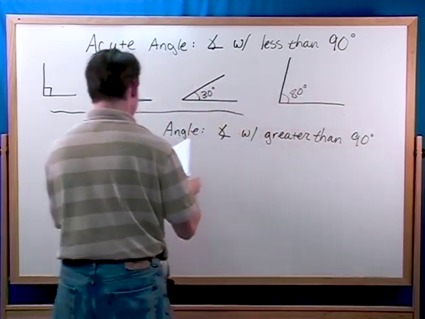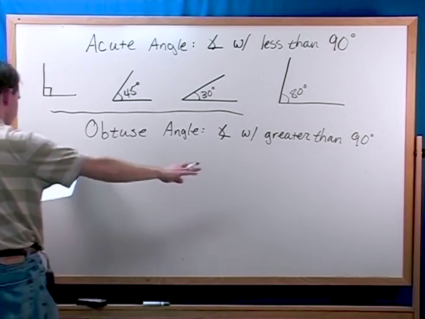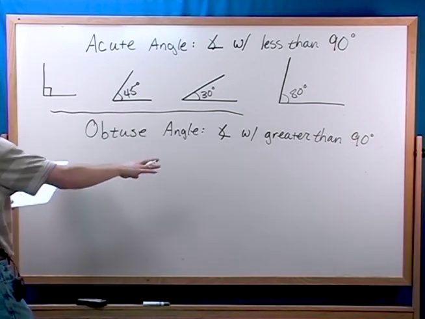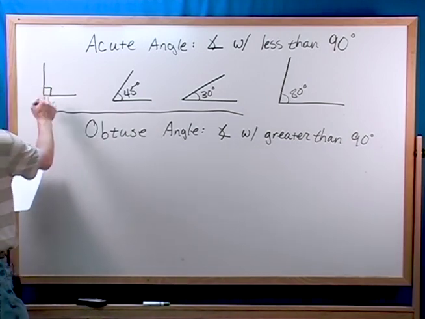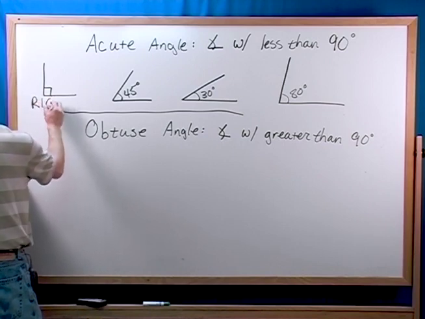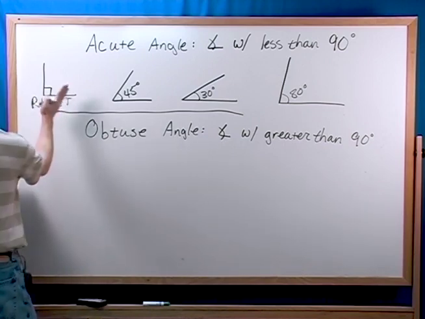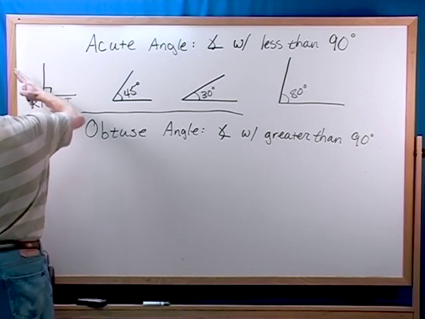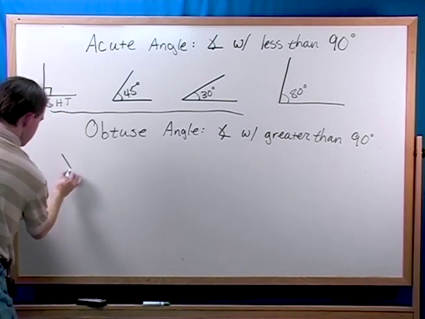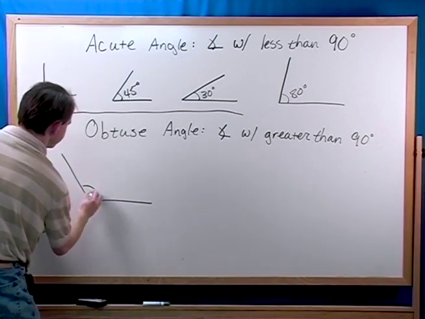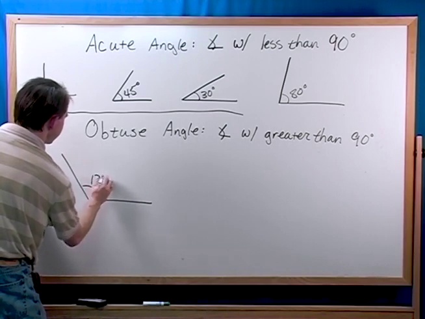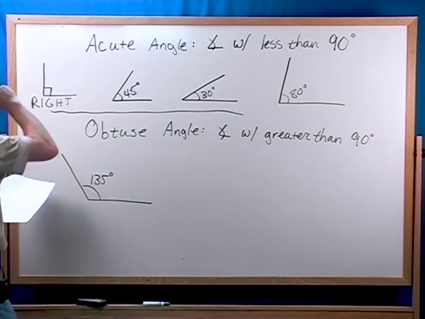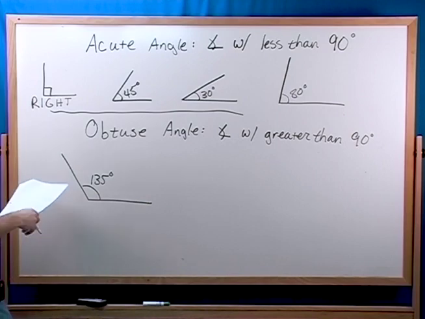Okay, so that's all it means. So let me give you some examples of obtuse angles to show you. Again, this is a right angle, just for reference. So if I have to have an angle bigger than that, it needs to even stretch past this point. So let's say something like this. This is 135 degrees. This is a rough measure here. So that's an obtuse angle, okay?